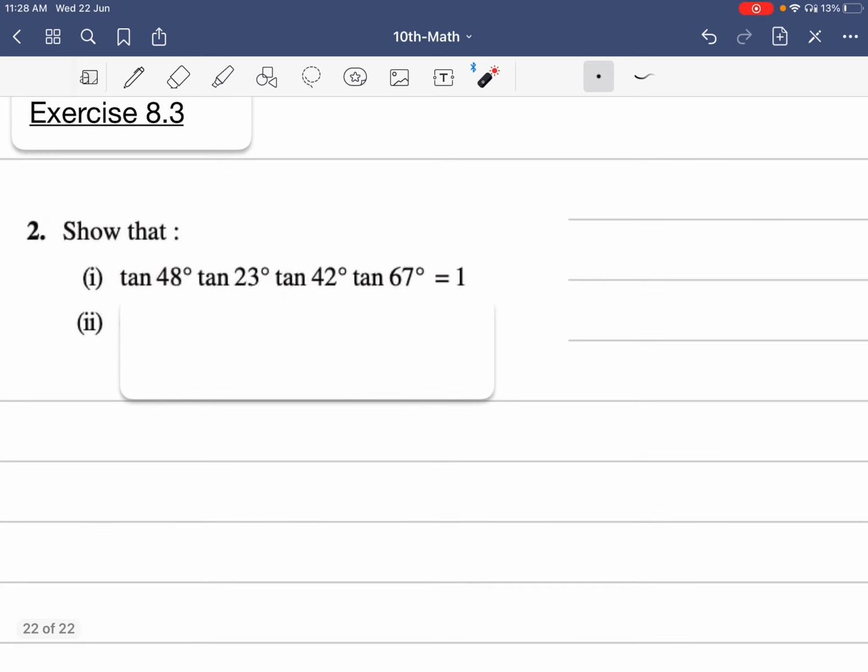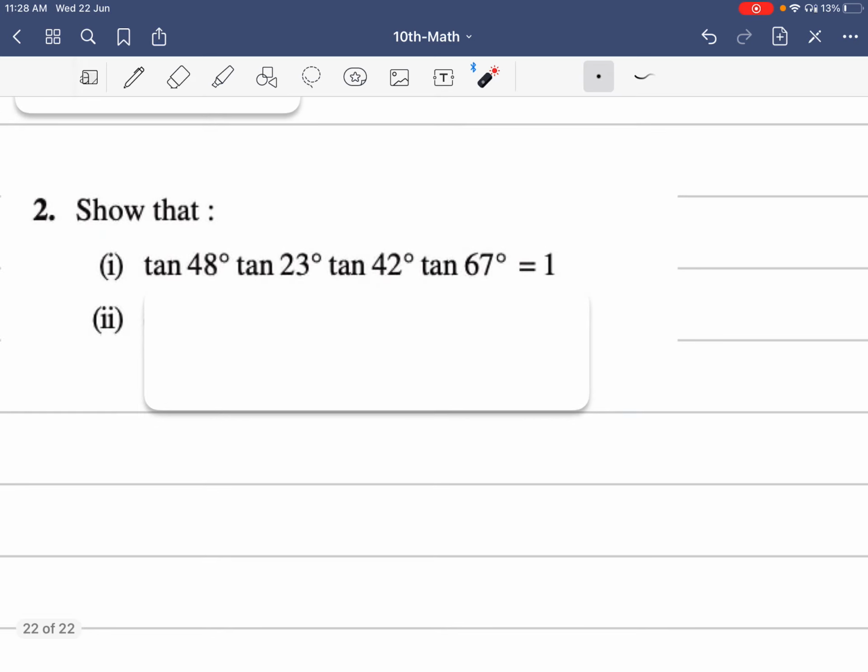Now, if you focus on this problem, let's focus for the time being on the numbers. Let's ignore the tan, or whatever the trigonometric ratio is, and focus on these numbers: 48, 23, 42, 67. If you observe closely, 48 and 42, their addition is equal to 90. 48 plus 42 is equal to 90.